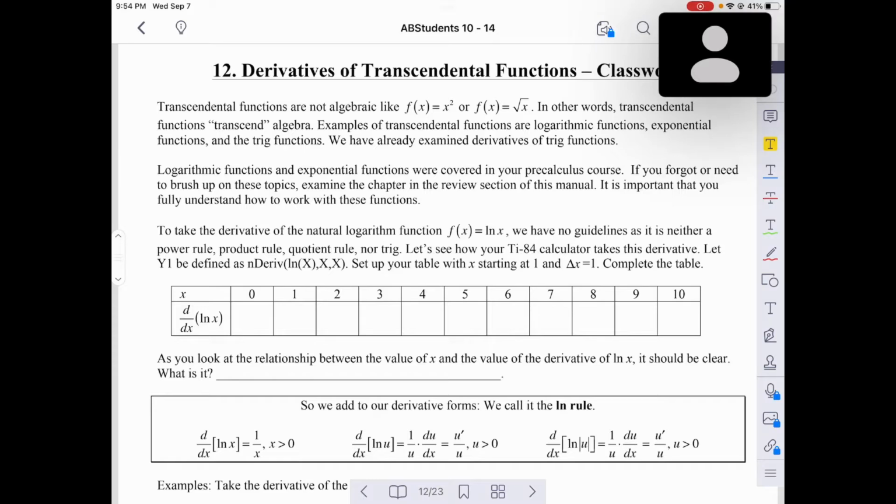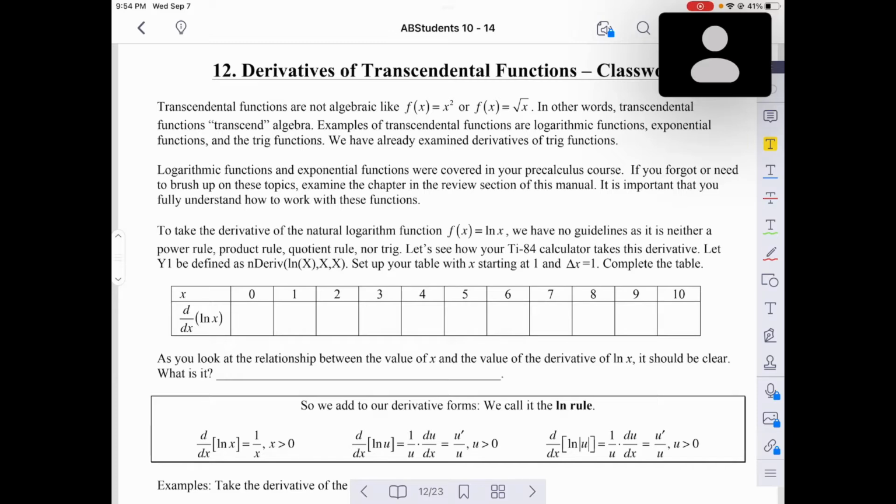The derivative of natural log x, we're going to explore what this is by looking at the table. We're going to build a table for the derivative using our calculator. So I know you can't see my calculator at the moment, but hit the y equals button on the top left, and then hit math, go down to number 8 in derive.